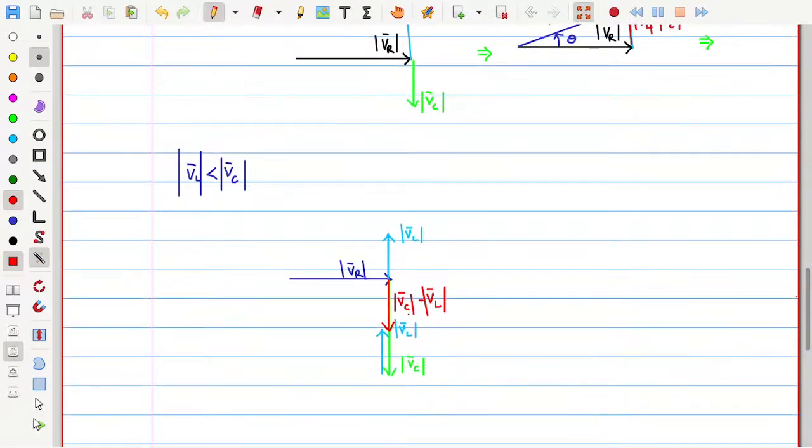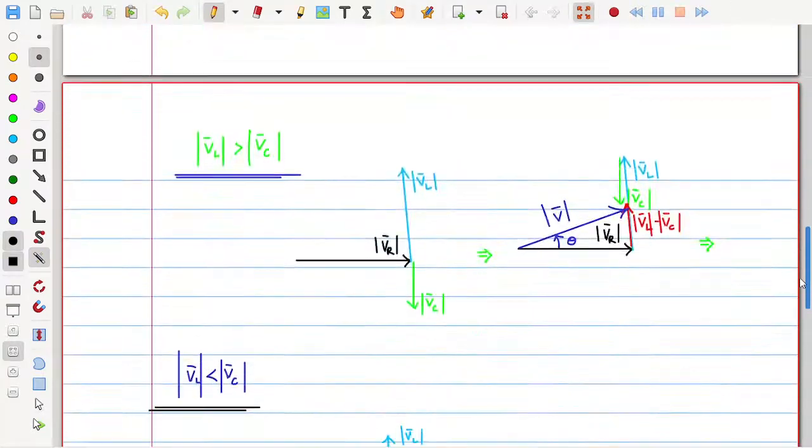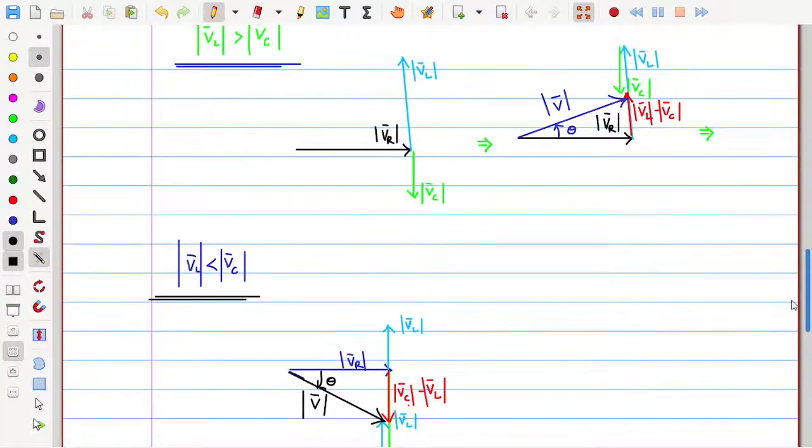Next, VR plus VC plus VL, all these additions give the total voltage across this RLC combination, which is equal to V bar magnitude. And in this case we may get the angle as negative, which is equal to theta. This is for the case VC is more than VL. Like this we can take up different cases. So this is one of the important concepts, the phasor diagram of RLC circuit for these two cases.